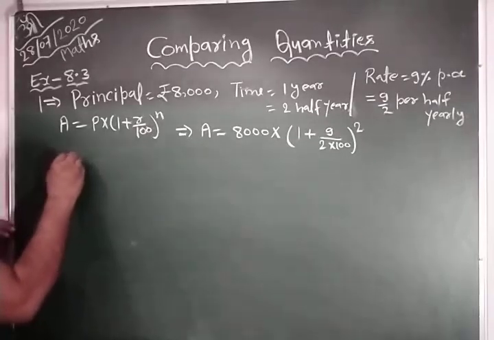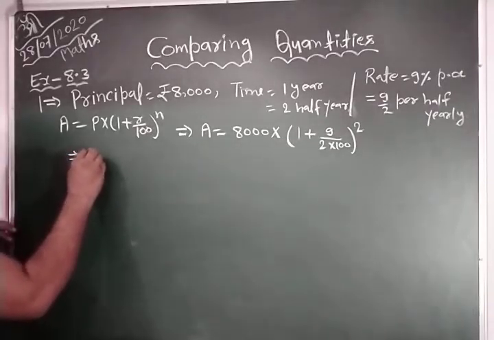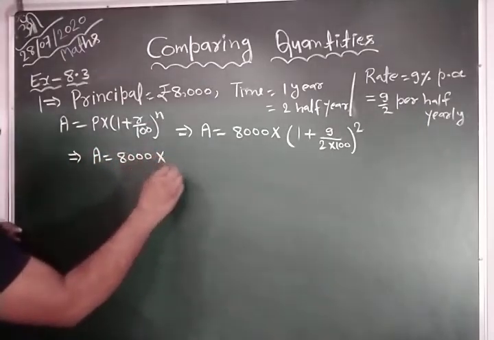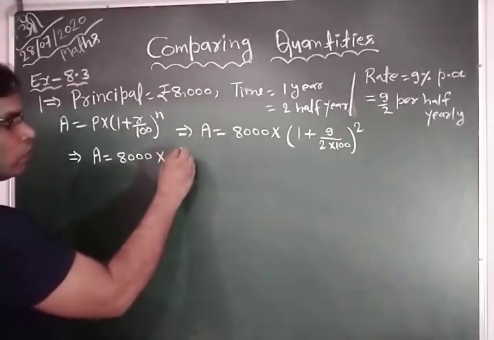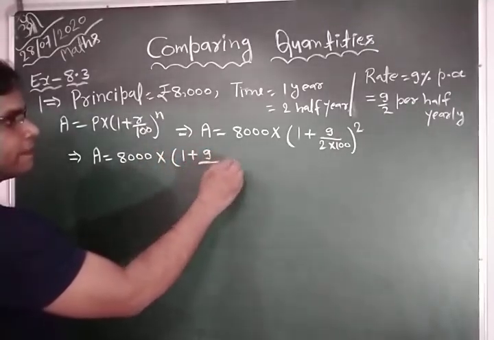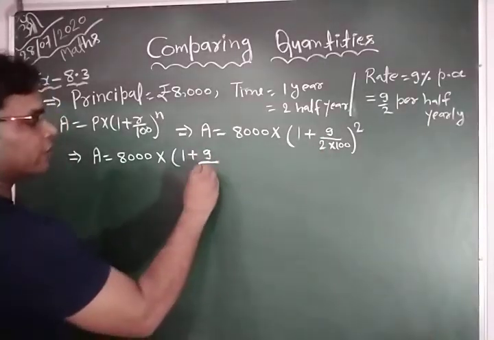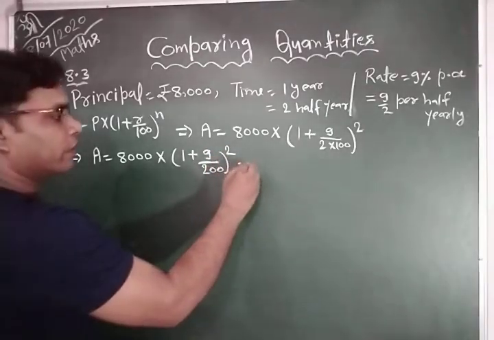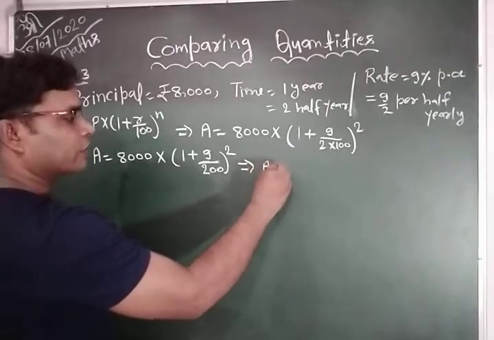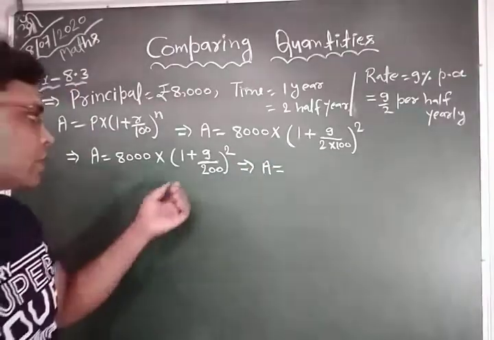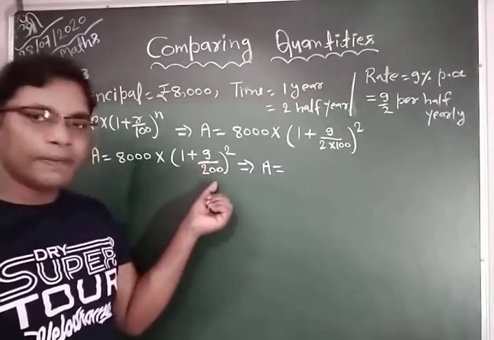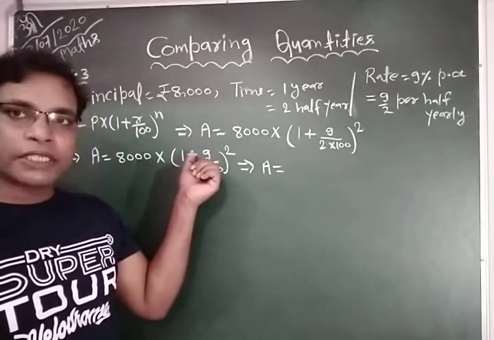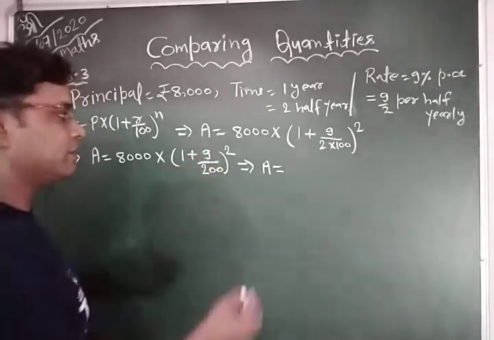So this implies that amount is equal to 8,000 into 1 plus 9 by 2 into 100, that is 200, to the power 2. Now 1 plus 9 by 200 becomes 200 plus 9, which is 209 by 200.